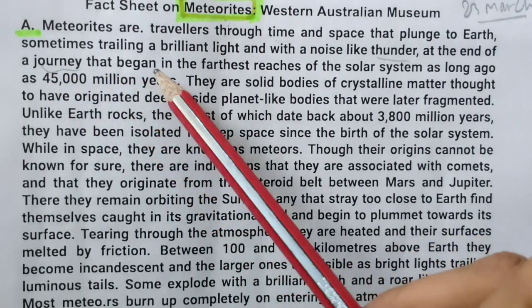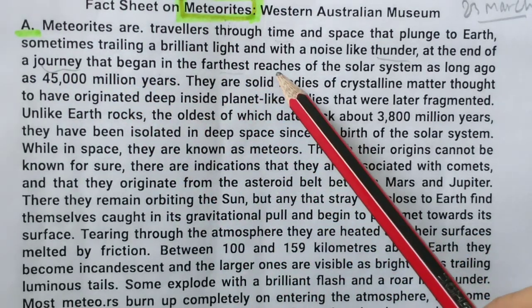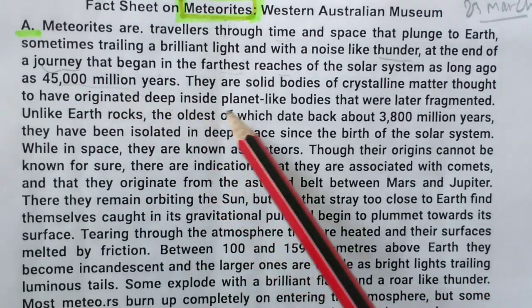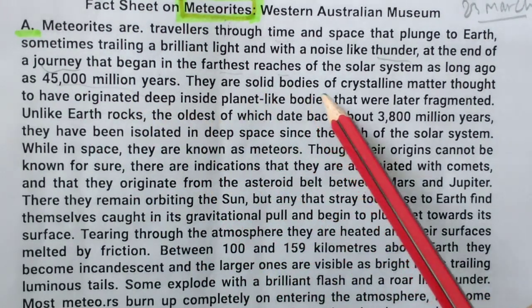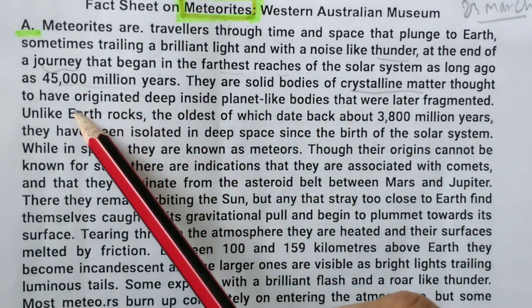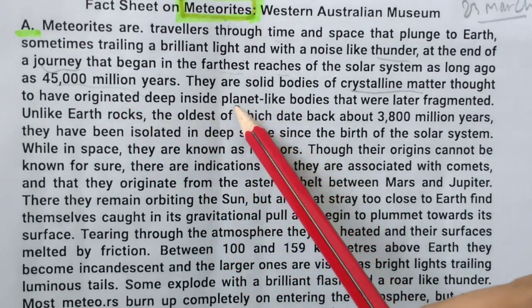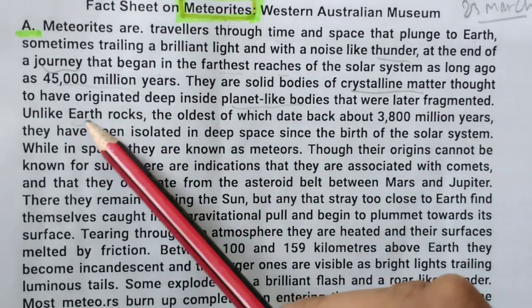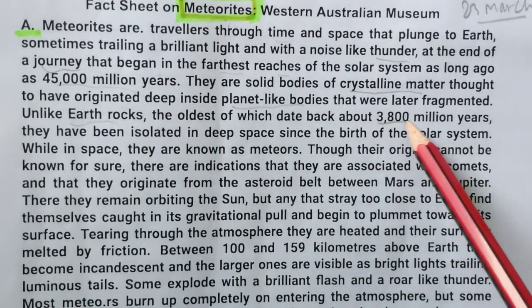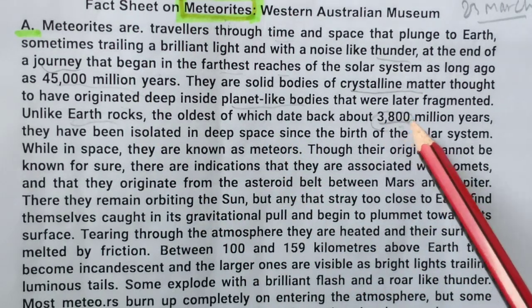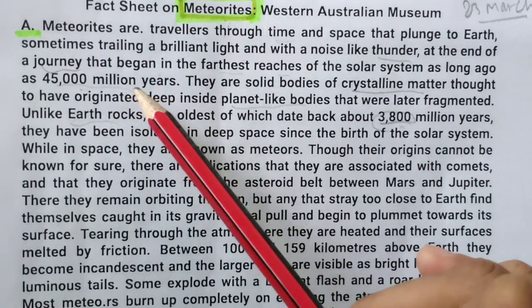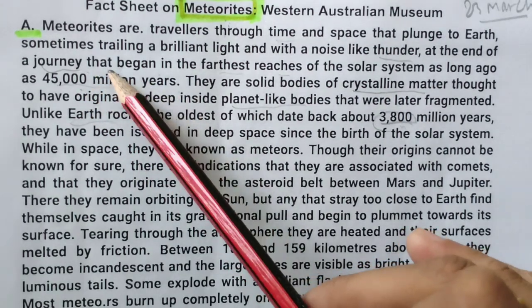The word journey is also there, that began in the farthest reaches of the solar system as long as 4.5 million years. They are solid bodies of crystalline matter thought to have originated deep in planet-like bodies which were later fragmented. Unlike earth rocks, the oldest date back, I think they are talking about dating back 4500 million years ago, and the journey began in the.